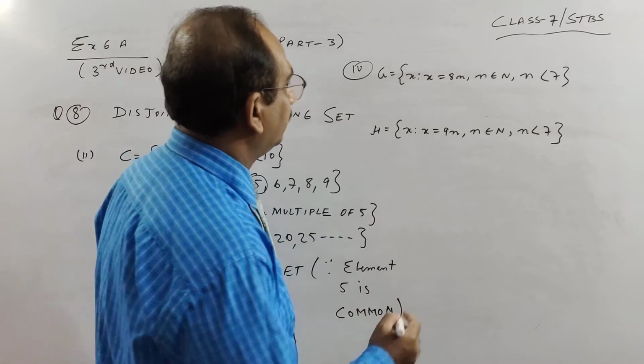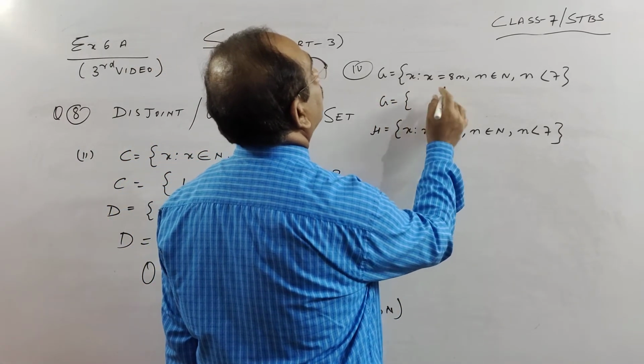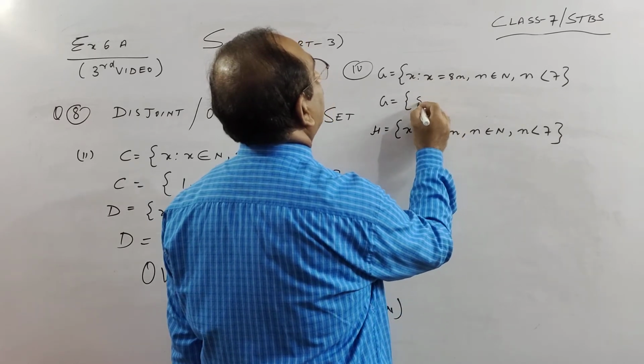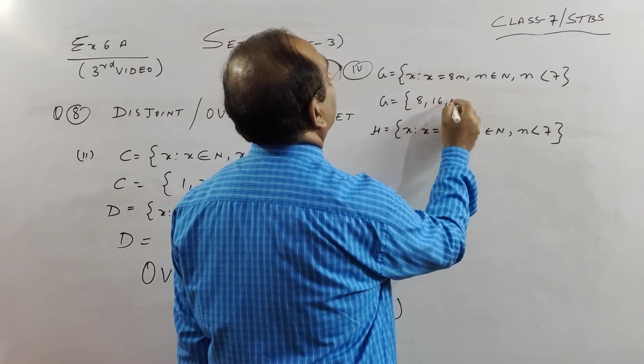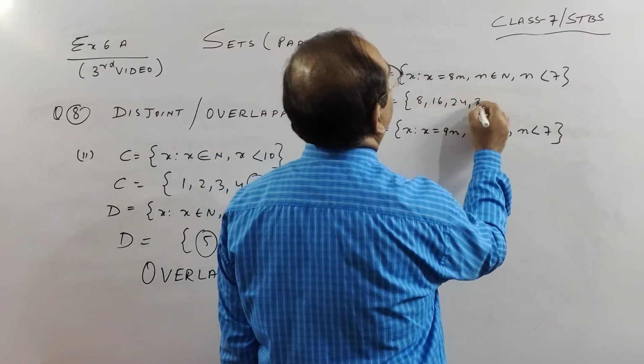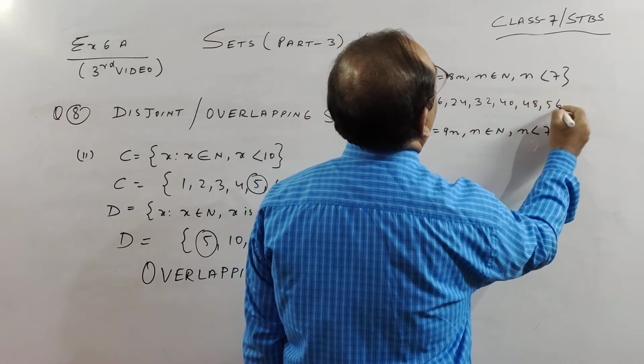Next we see part 4. Let us convert it to roster form. So you take all the natural numbers, children, and take multiples of 8. Up to 8 sevens are 56: 8, 16, 24, 32, 40, 48, 56.